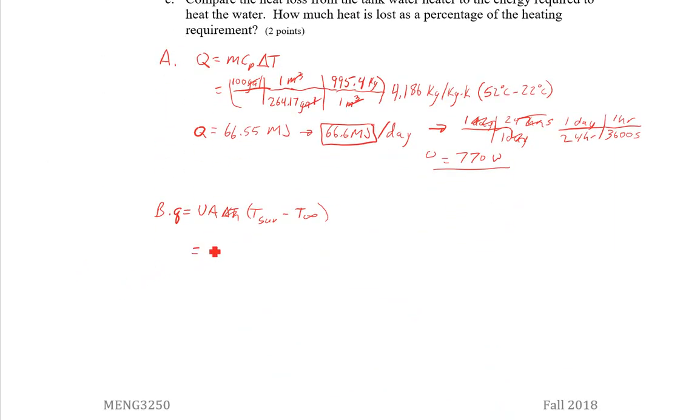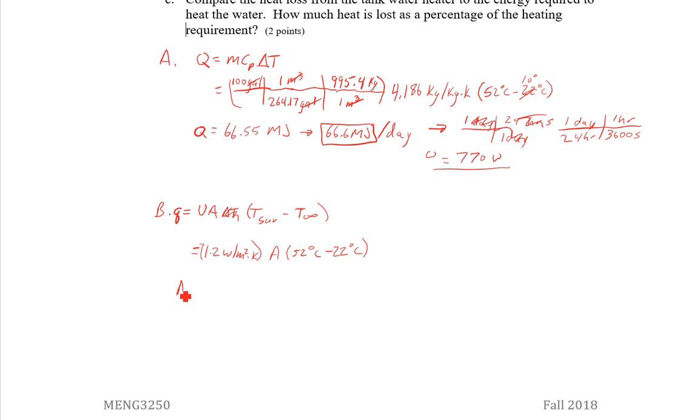So we have 1.2 watts per meter squared Kelvin times our area. We'll fill that in here in a minute, and our surface is going to be 52 degrees C. Oh, sorry, I made a mistake up here. This is not 22. This is 10 degrees C. But now we have our 22 degrees C. So our incoming water temperature is 10 degrees C, and we are heating it up to 52. So that was a heating requirement. This number is still correct. I just miswrote this from my notes.